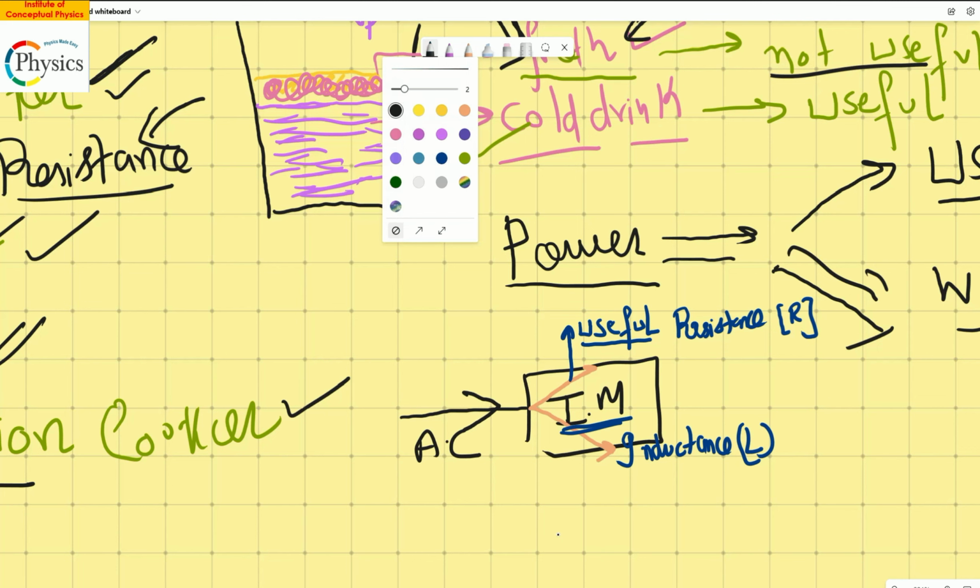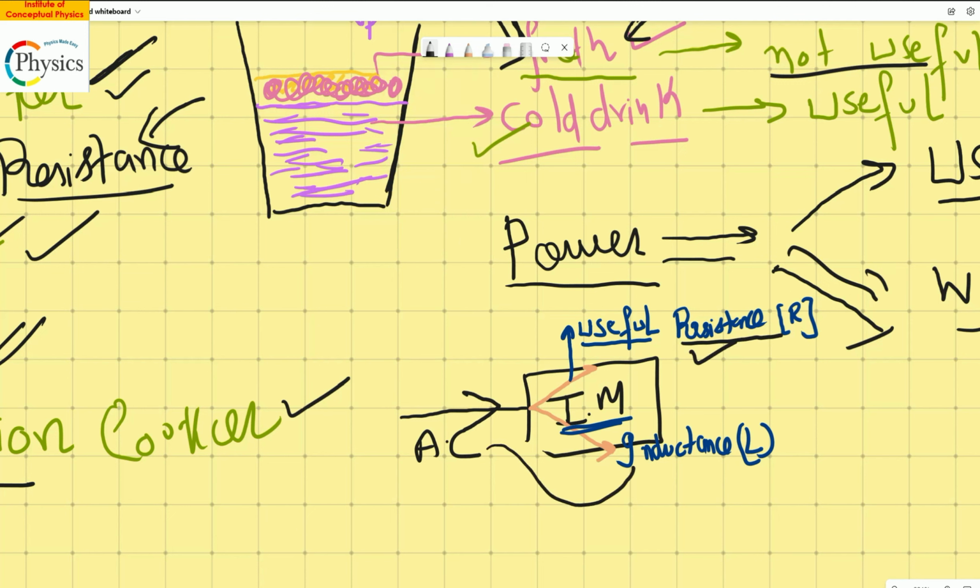The power which goes to resistance is called the useful power. The power that goes to the inductor is the reactive power. So this was a simple example of an induction motor which is getting the power.